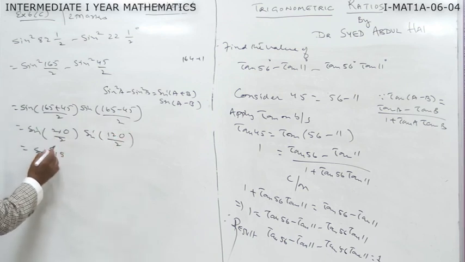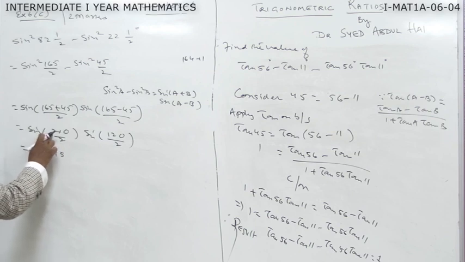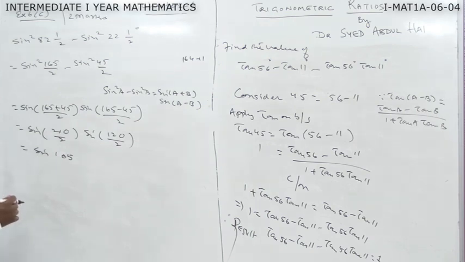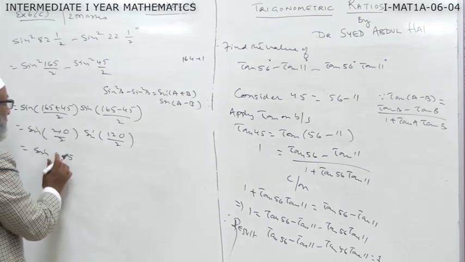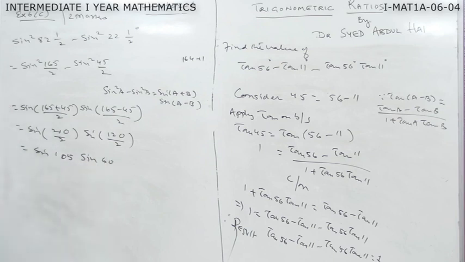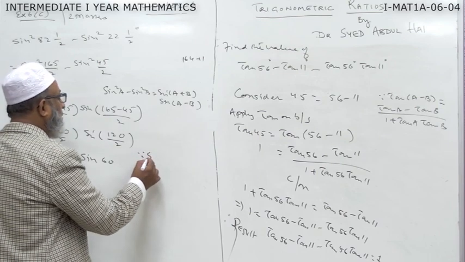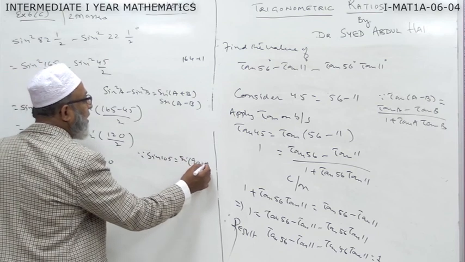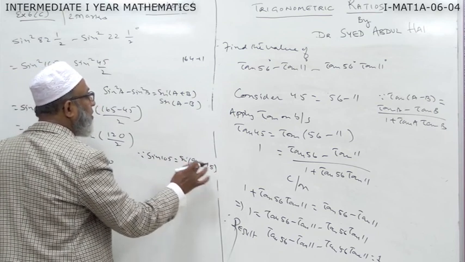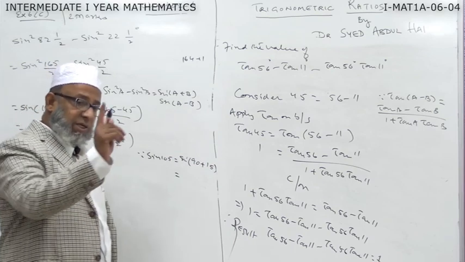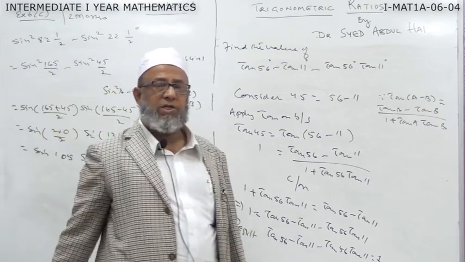Which gives me sin 105 into sin 60. Now, I have to calculate the value of sin 105. Sin 105 is equal to sin 90 plus 15. 90 plus theta, which quadrant?